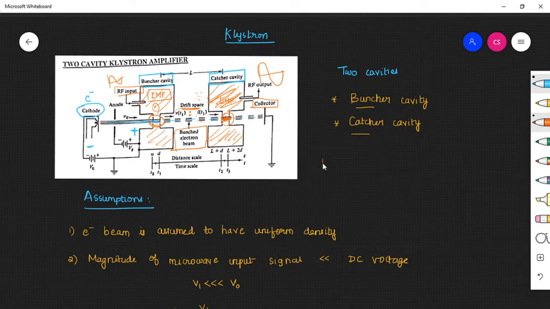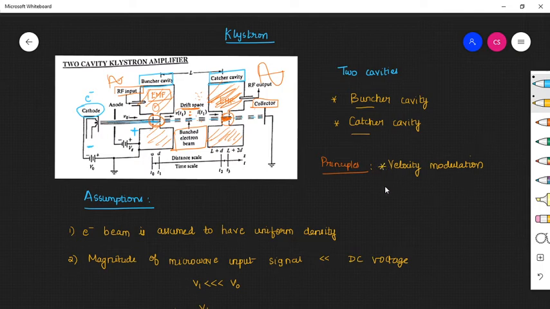It works on two main principles. The first is velocity modulation, which is nothing but the field that causes the velocity of the electrons either to increase or decrease, or the electrons move with the same velocity, and this is responsible for the bunching process.